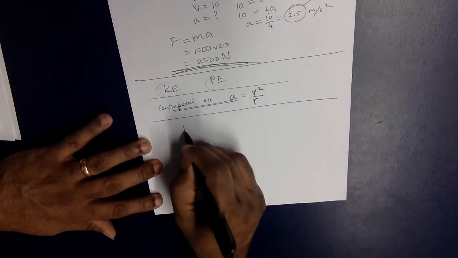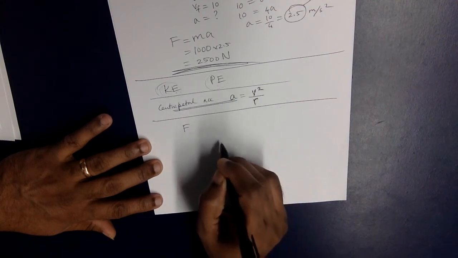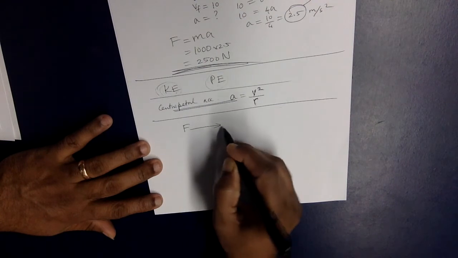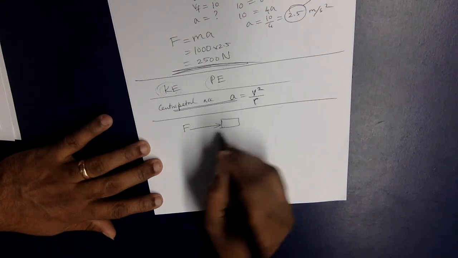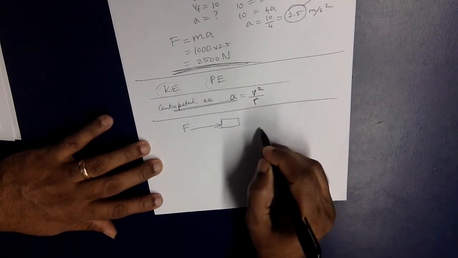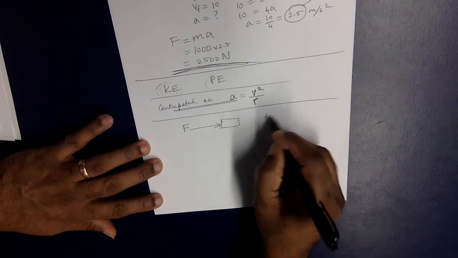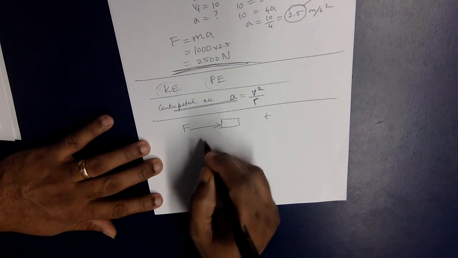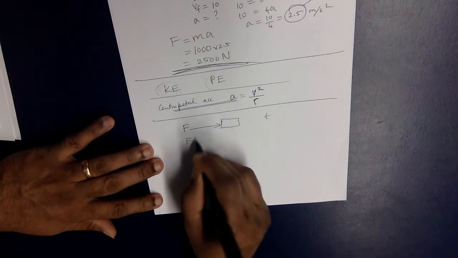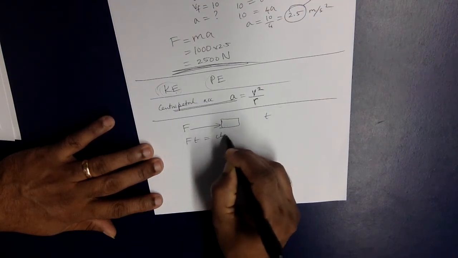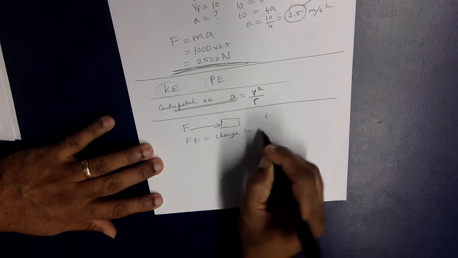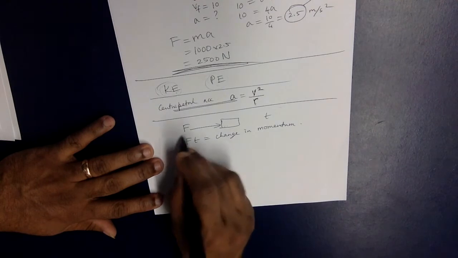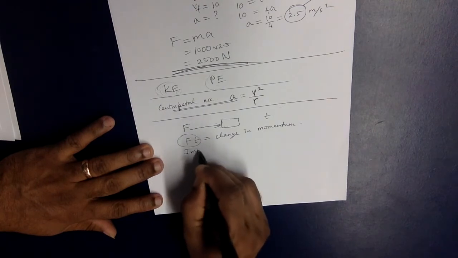Suppose a force is given to you. Suppose you apply a force on an object and you push that object for a period of time, and you must have already got that information that force times time is equal to the change in momentum, and this quantity is called impulse.